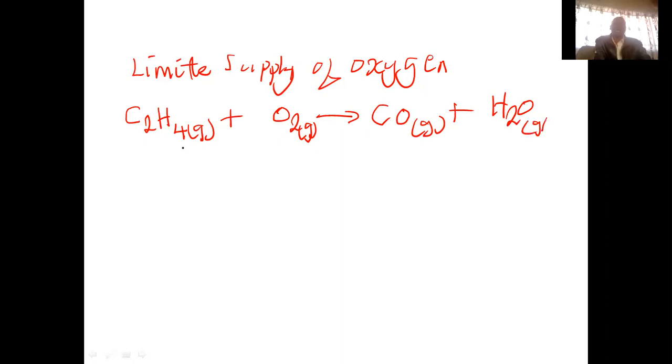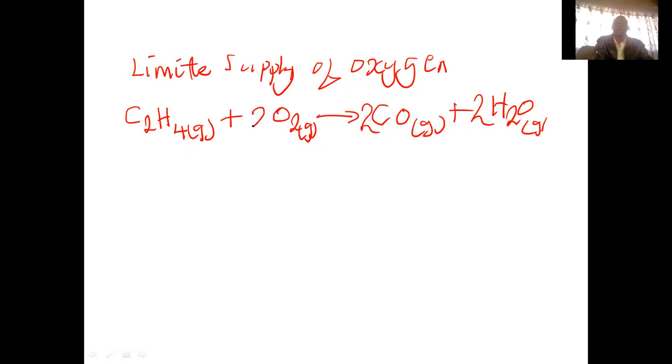And so now we need to balance this equation as we have been asked to do so. Carbon atoms here, there are two. So we have to put a 2 there so that it balances. Hydrogen atoms, this side there are 4, this side there are 2. So we need to put a 2 there to make them 4. Oxygen, this side now we have 2 plus 2, which is 4.